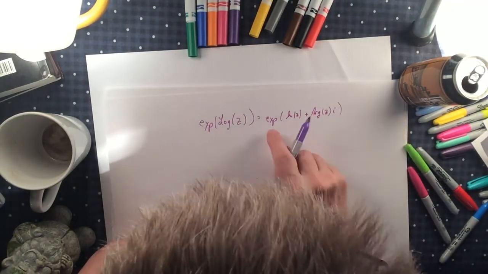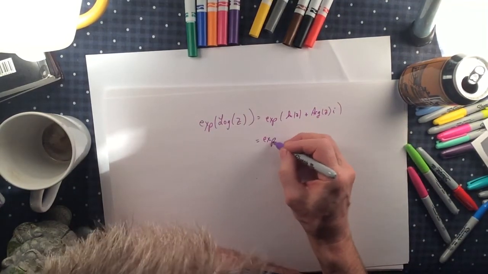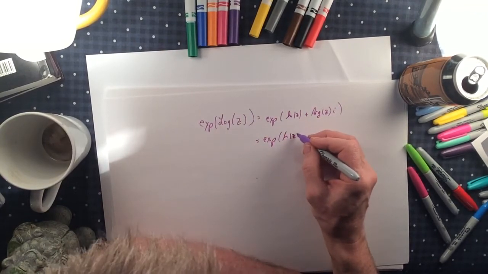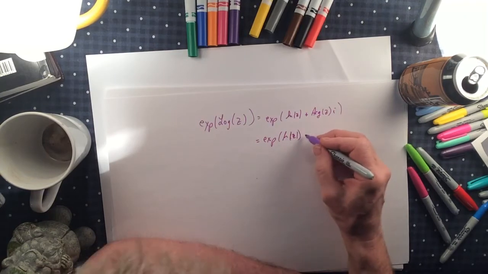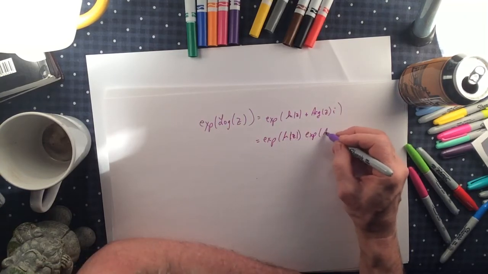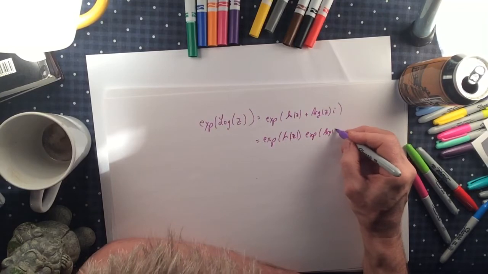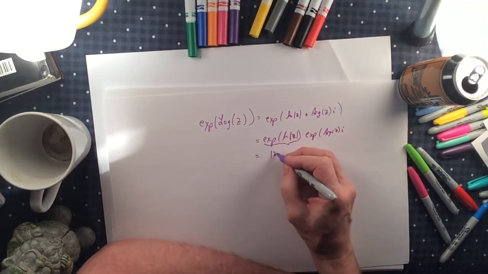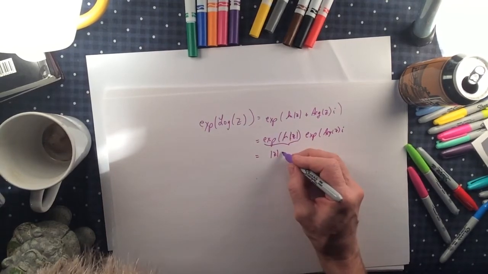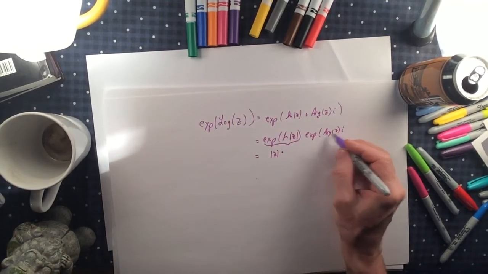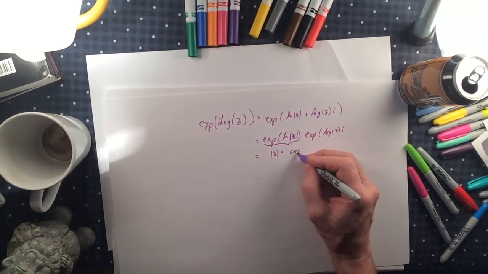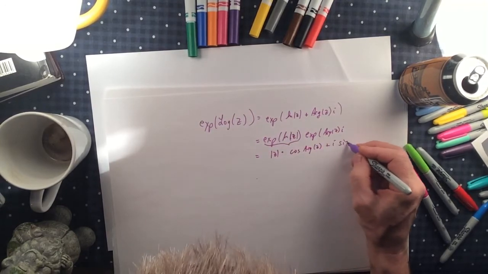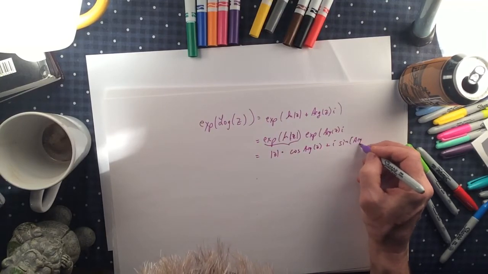So now, when this is plugged in, this is the exponential of the ln of the length of z, times the exponential of arg of z times i, which is going to be the length of z times the exponential of i theta, which is always going to be cosine theta plus i sine of theta.